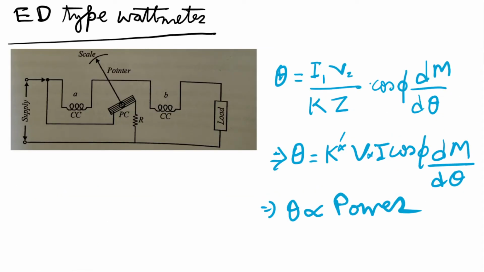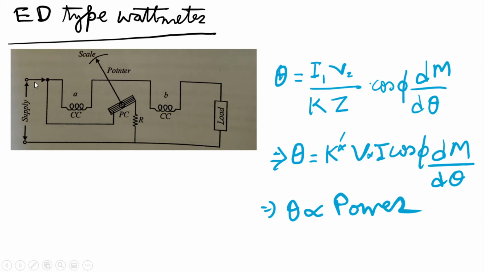Next is the electrodynamometer type wattmeter. Here we will brief it, and while discussing the measurement of power, we will discuss it in detail. So there are two parts. The fixed coil is called the current coil, so it will be connected in series with the supply, and the other coil, that means the moving coil, will be connected across the supply.